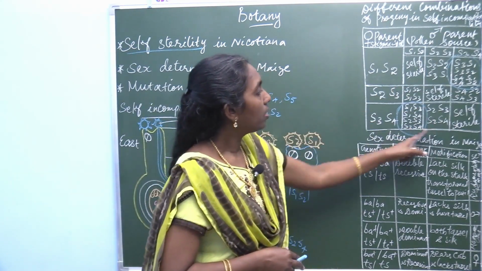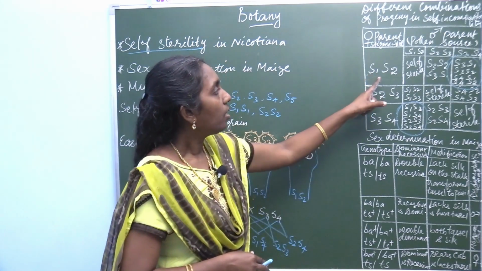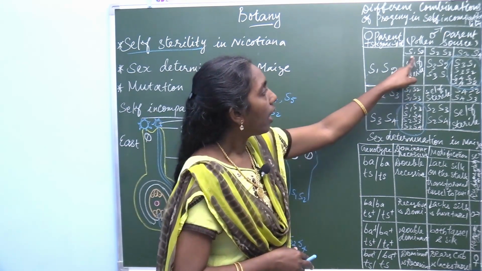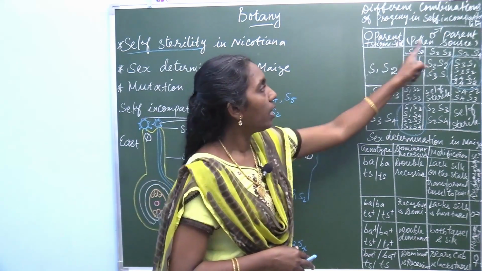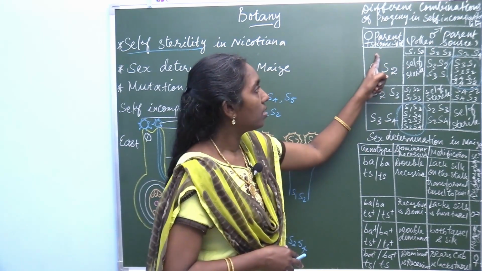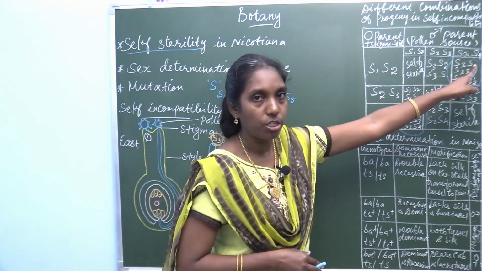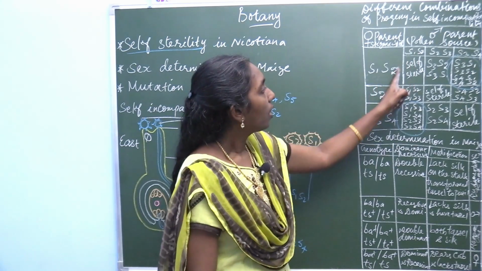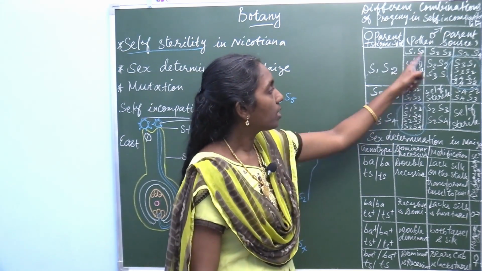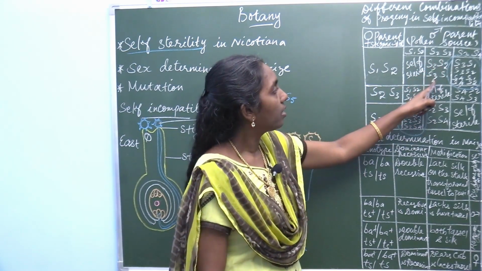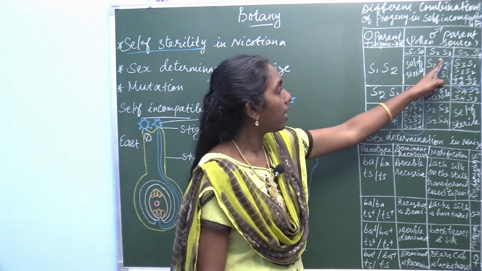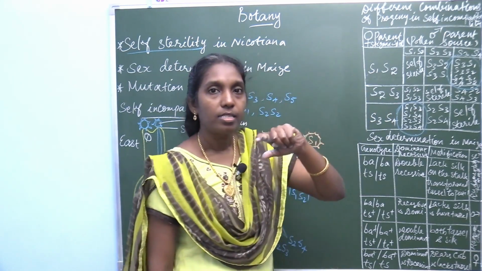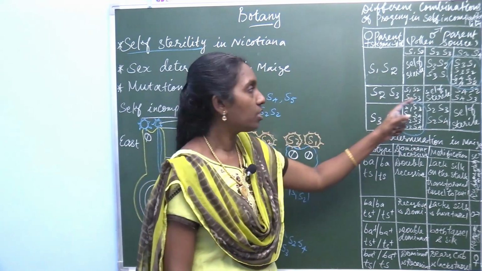So, once again look at this tablet column. Here S1, S2 and S1, S2, female and male: this is the stigma spot, this is the pollen source. It produces S1, S2 self-sterile, and here S1, S2 is sterile, so it is not mentioned here.